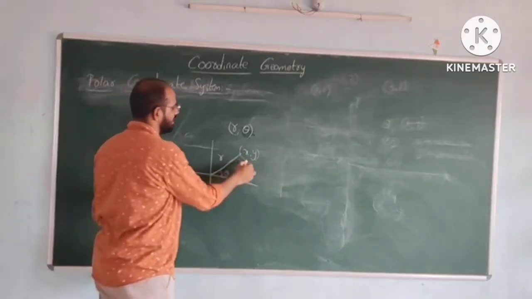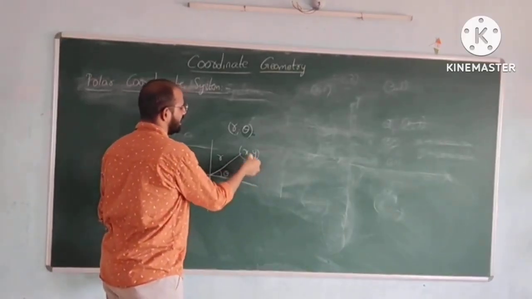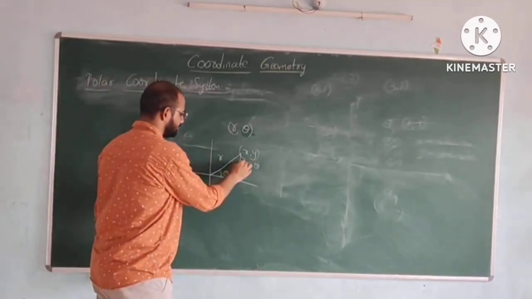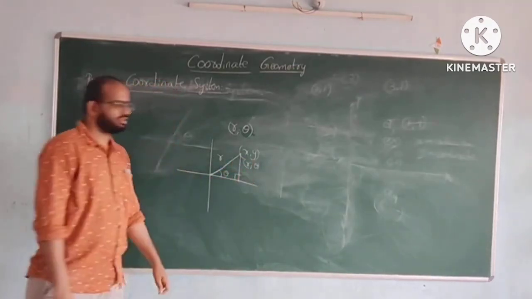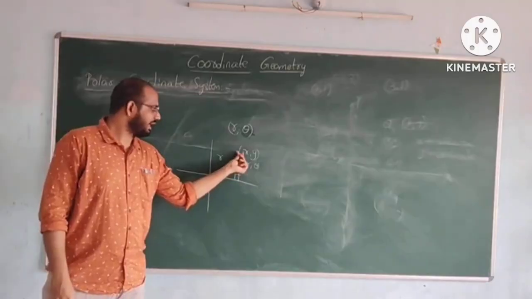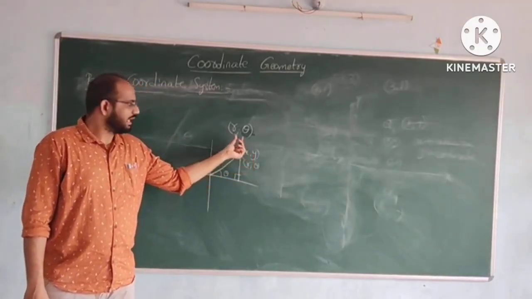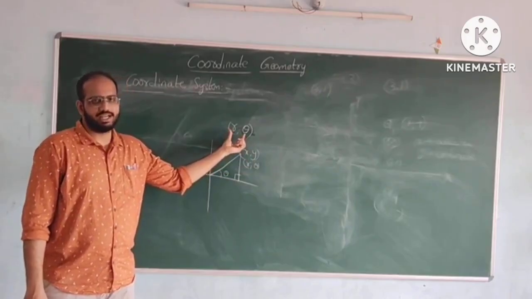So this point is denoted by x comma y, or r comma theta, right? Every point has two rectangular coordinates, x comma y, and it also has two polar coordinates, r comma theta.